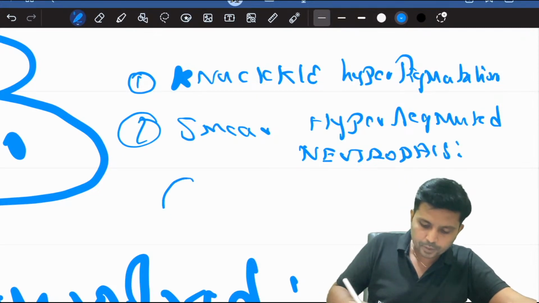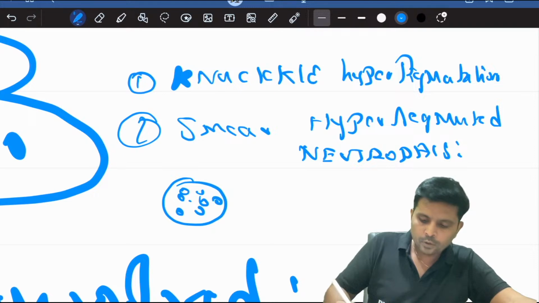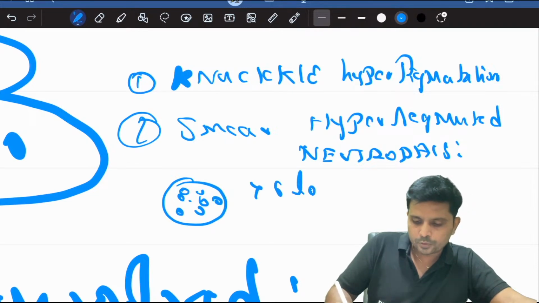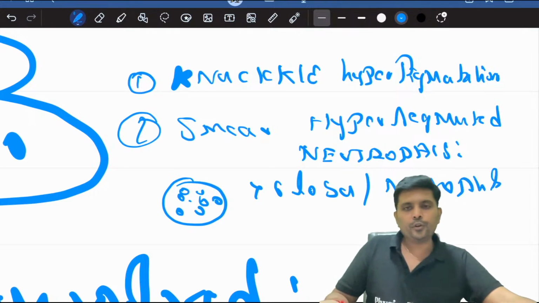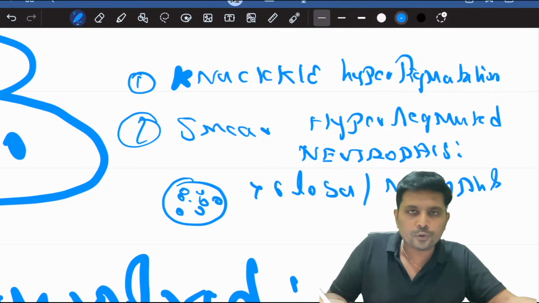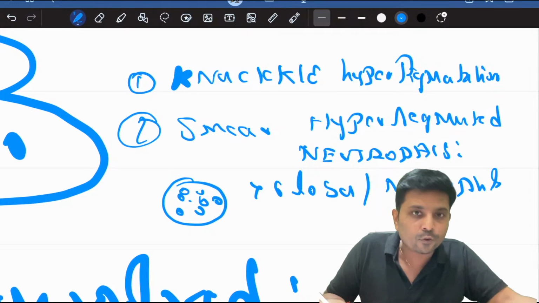Hypersegmented neutrophils means more than 6 lobes per neutrophil. Usually neutrophils will have less than 4 lobes.